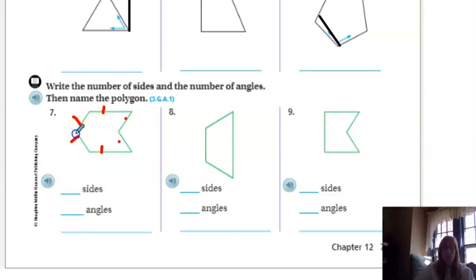Then count the angles: 1, 2, 3, 4, 5. Oops, did I mess up somewhere? Oops, 6. There's our 6. I forgot the middle one there. So you have 6 sides and 6 angles. 6 has an X in it, so that is a hexagon.